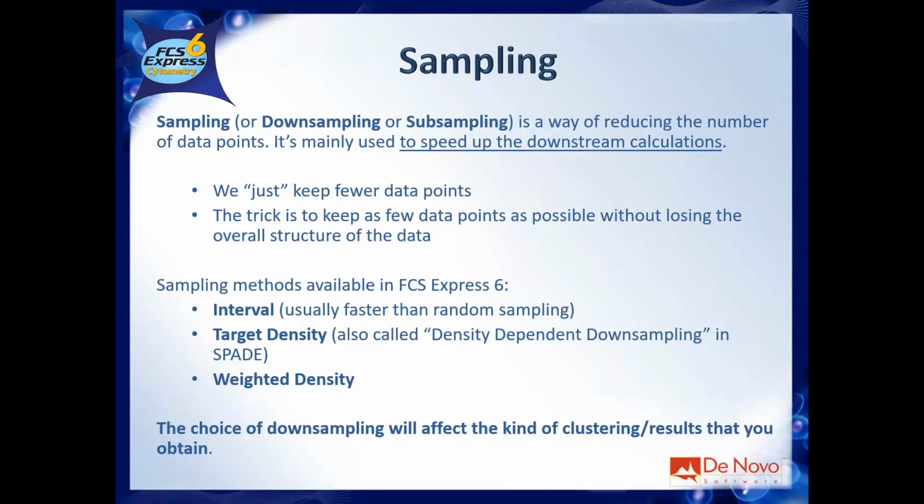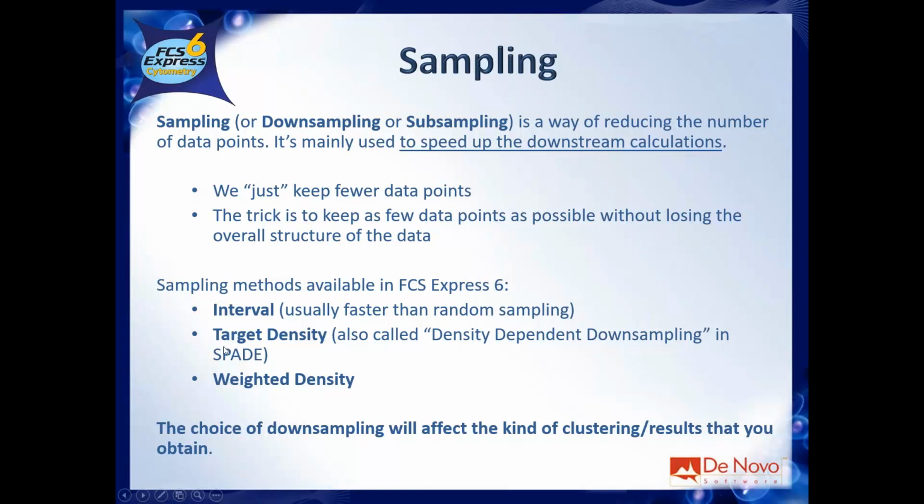You will sample every 10th cell, so either cells 1, 11, 21, 31, or cells 2, 12, 22, and so on. Since your cells have been acquired in a random way from your tube, interval sampling is superimposable to random sampling, unless you are dealing with kinetics analysis, but that's another story.